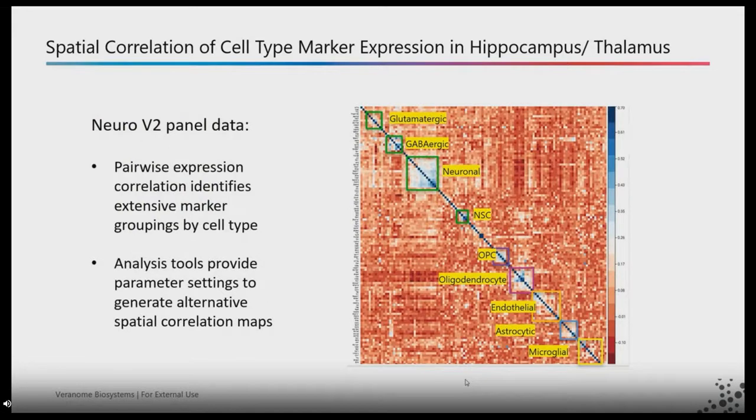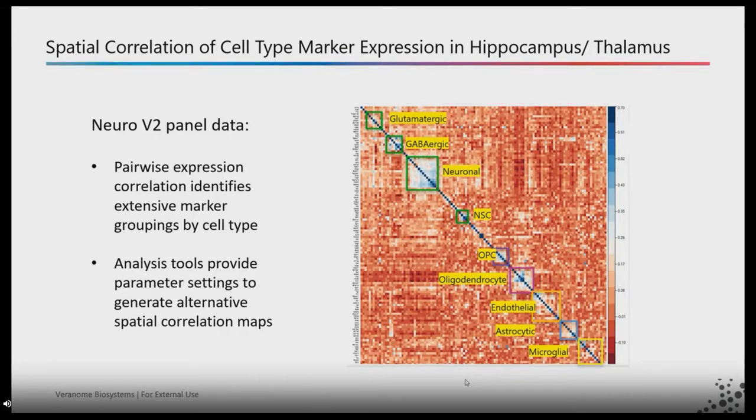So with the NeuroV2 panel, I think one of the most beautiful things is that we can really begin to see a much broader clustering of these markers across your analysis. Here I'm just showing you an array of marker types and co-expression patterns ranging from the neuronal types at the top there, glutamatergic, GABAergic, and general neuronal universal markers, all the way down through much more subtle classes like the neural stem cells in the middle, OPCs, oligodendrocytes, and so forth.